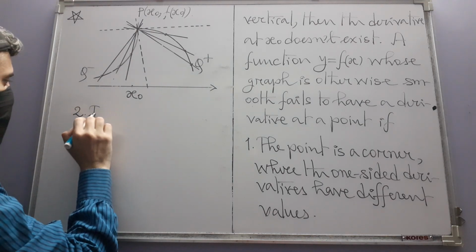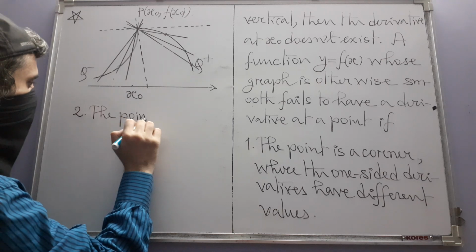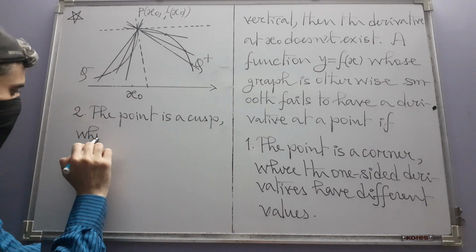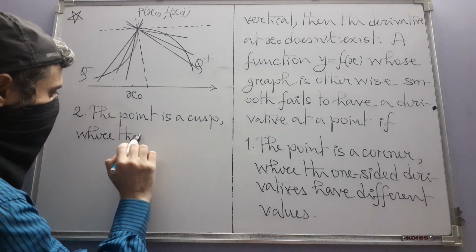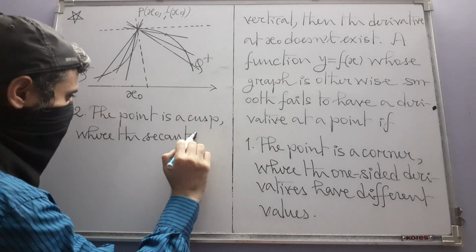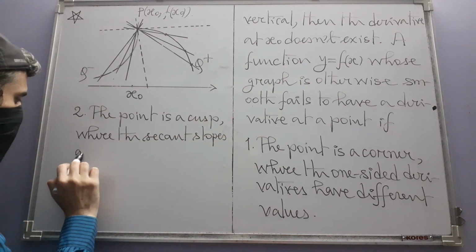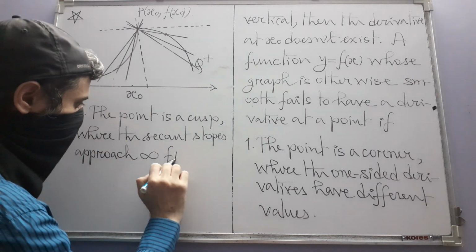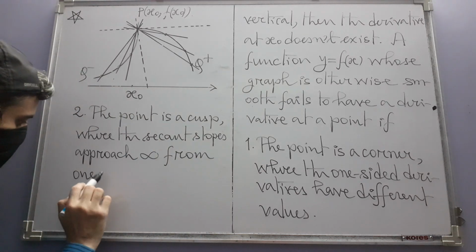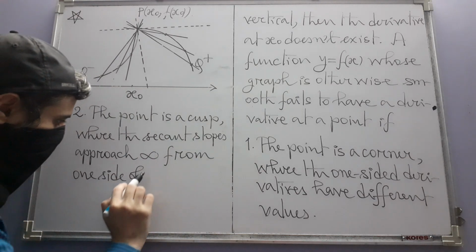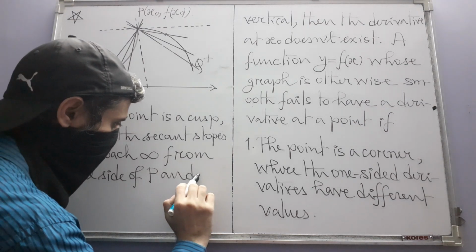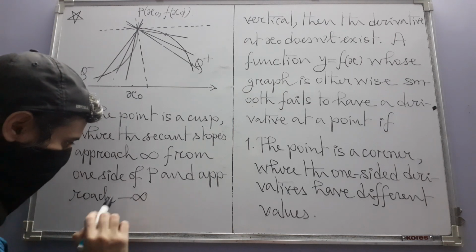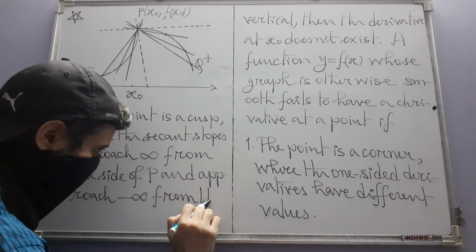Number 2, the point is the cusp where the secant slopes approach infinity from one side of it and approach minus infinity from the other side.